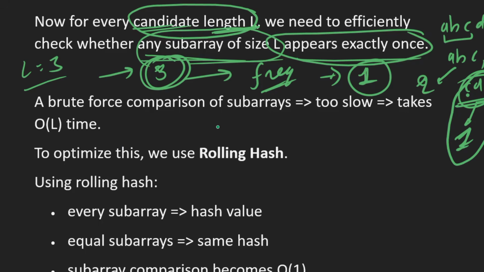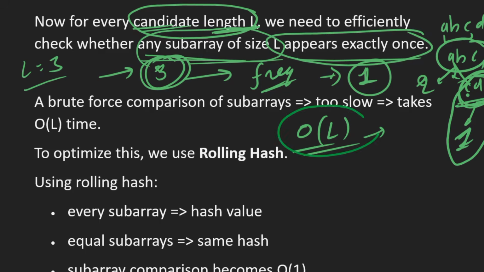If you brute force and compare these substrings with each other, it will take big O of L time, because we have to compare them character by character. To optimize this comparison, we'll be using rolling hash.